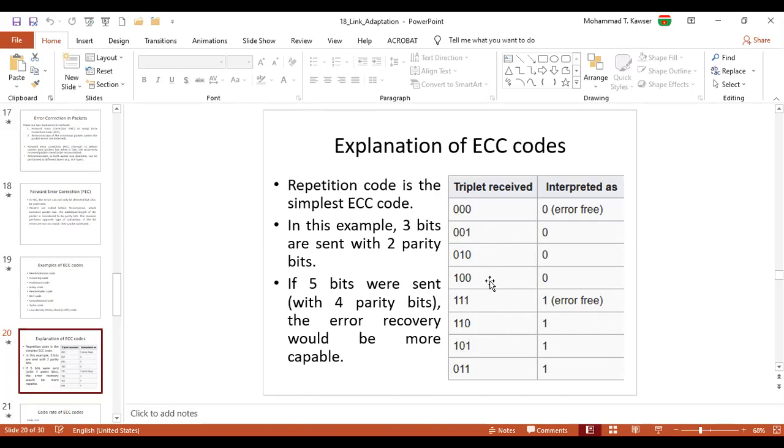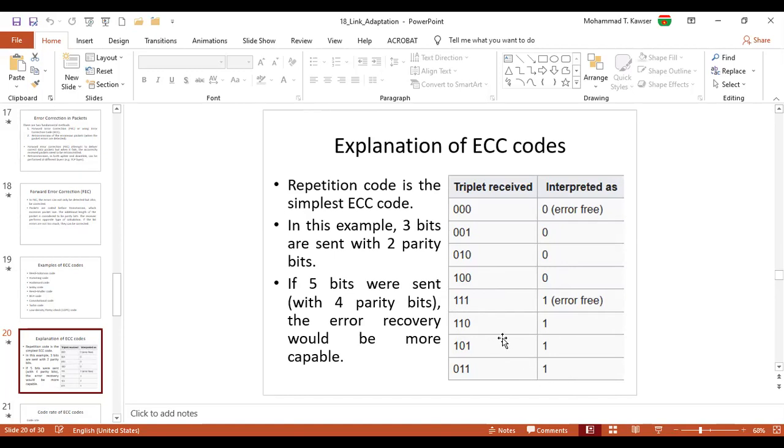So I conclude the reception to be 0. So even after some flipping of bits on the way, the receiver can determine the correct bit. Similarly, when you're sending 1, if 1 bit is in error on the way, you can still recover or reproduce the original bit.